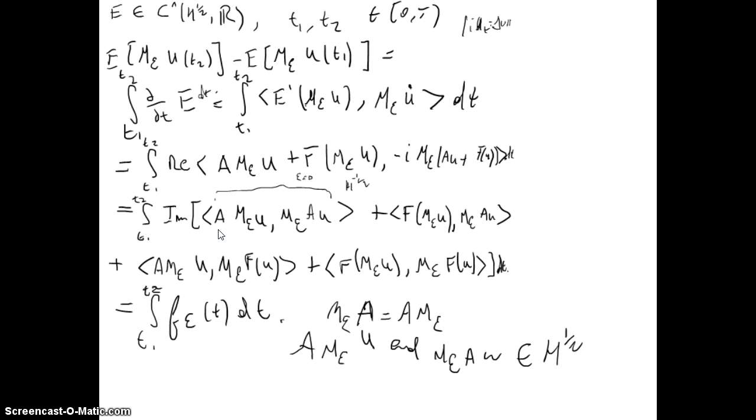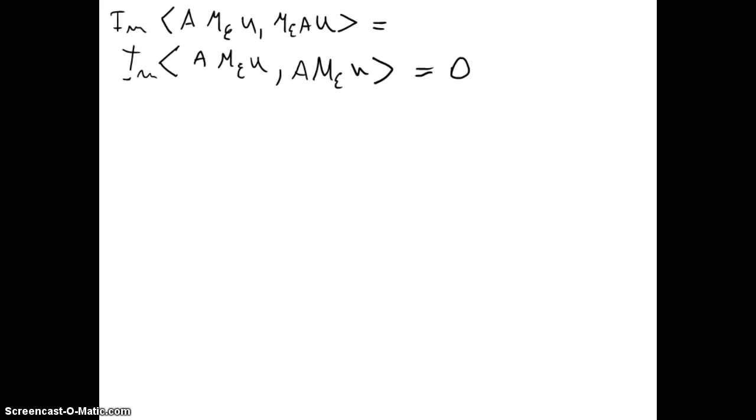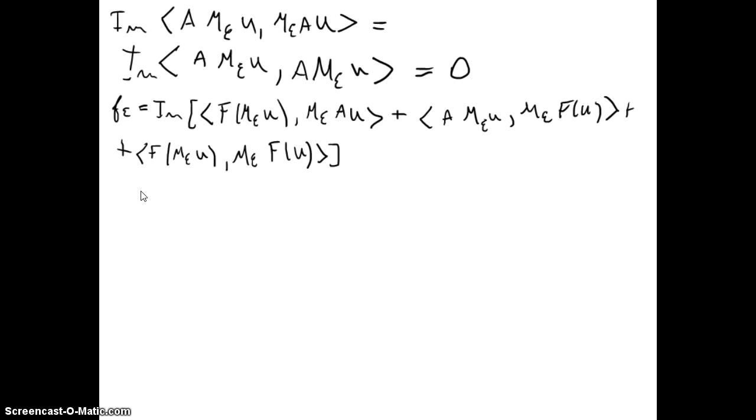That means that the first part of the integral is equal to 0. So with this, we have f epsilon equal to the imaginary part of, let's say A^{1.5}; we take A^{1.5} from this side to the other side, f M epsilon u, A^{1.5} M epsilon u.